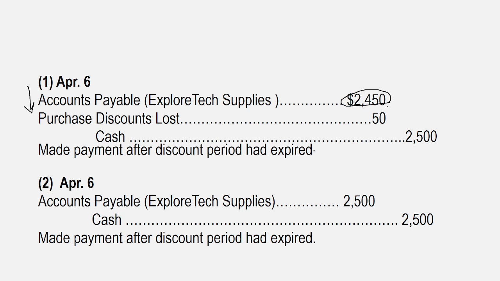This means that we have a loss in terms of discounts, and whenever we pay outside the discount period, we need to record the amount that we lost under the account purchase discount loss. And the total amount paid by cash is 2,500. So this is a cash outflow, or a decrease in cash, by a total of $2,500.